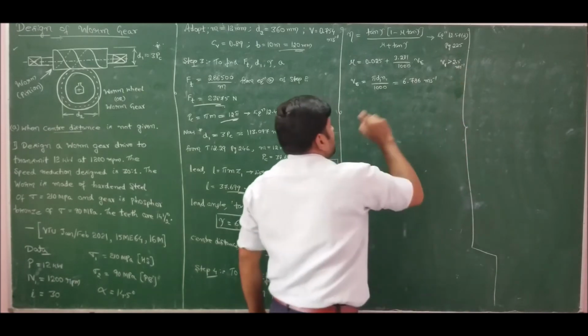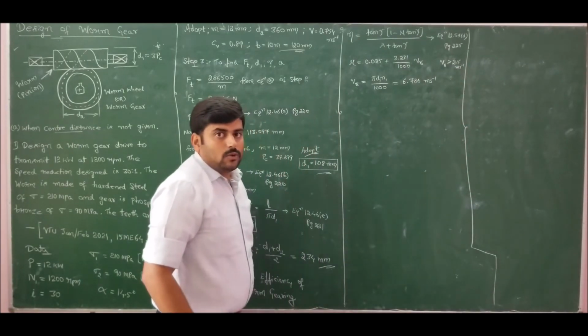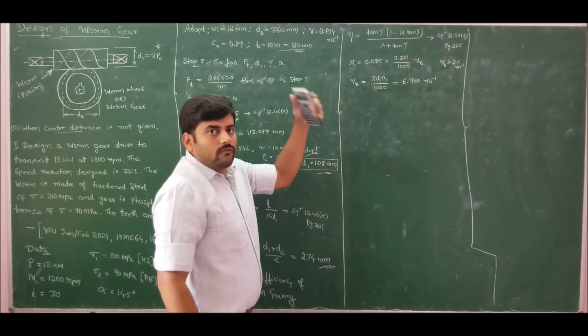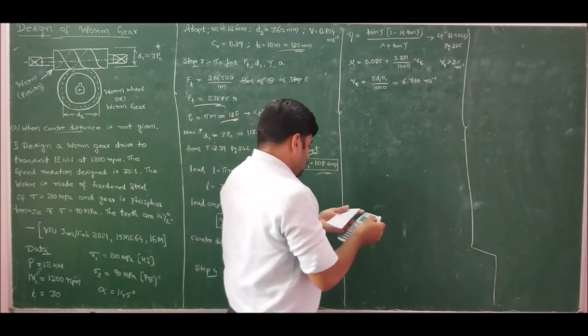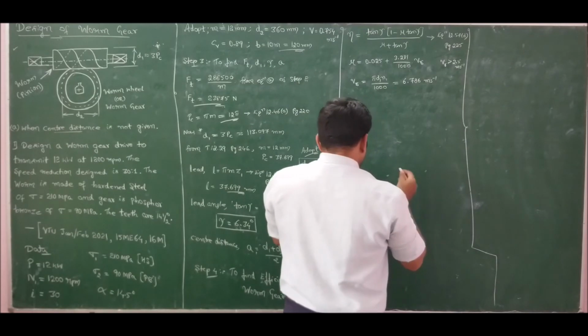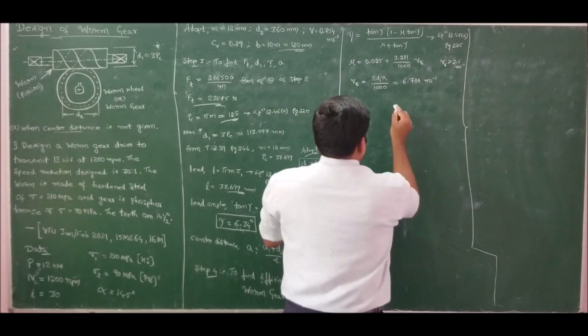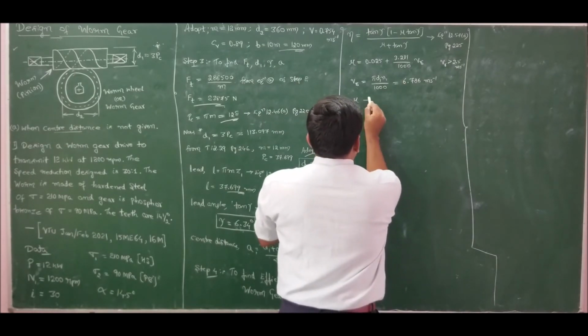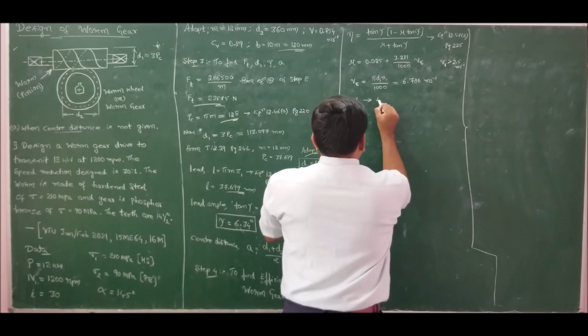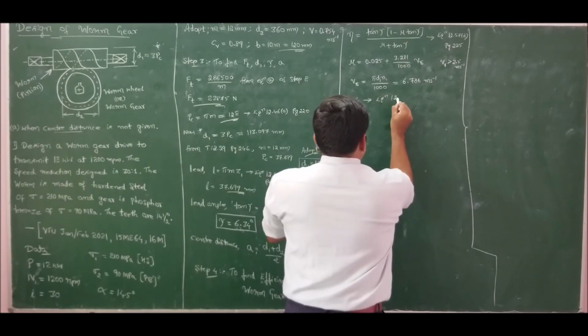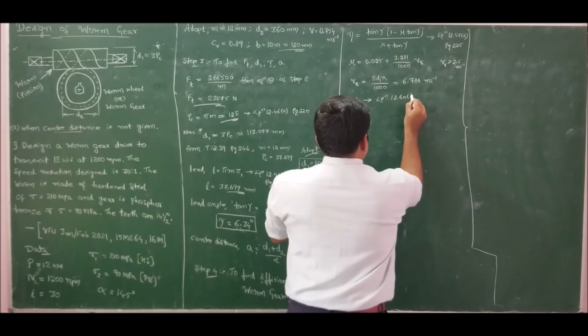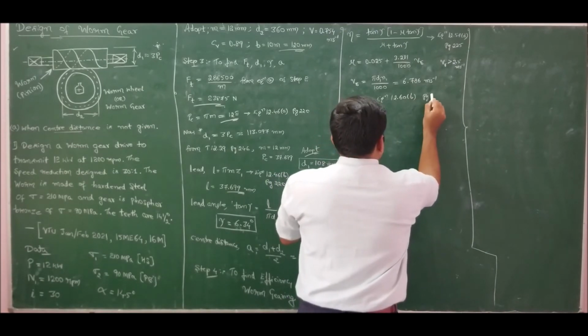So if rubbing velocity is less than 2.5 meters per second, I should adopt the former equation, which is available on page number 226. So this mu equation is from equation 12.60b, referring to page 226.